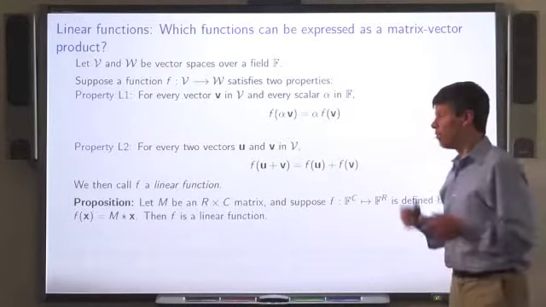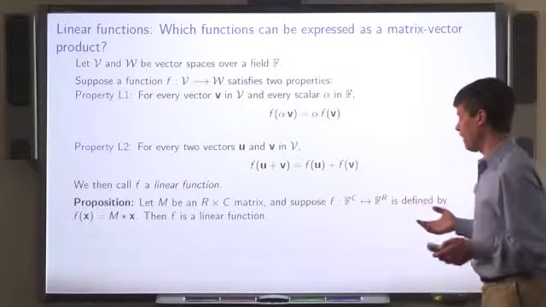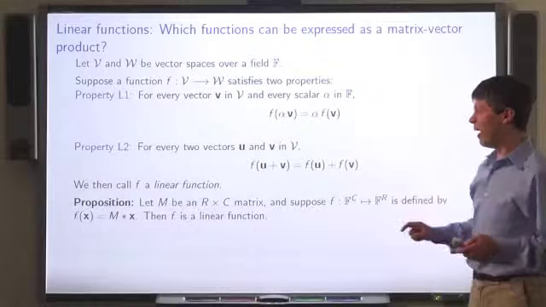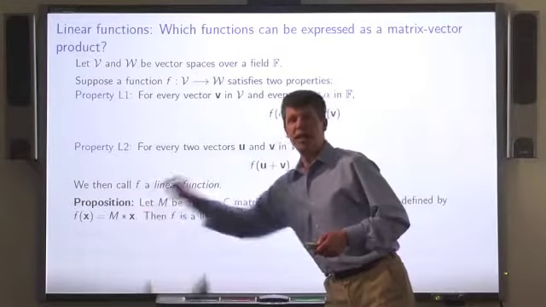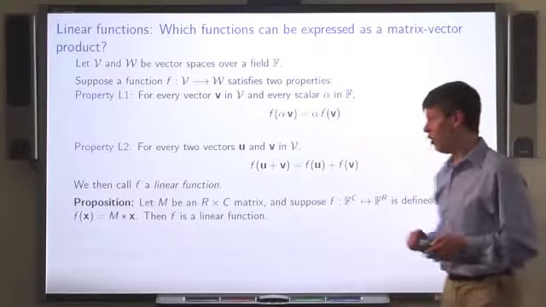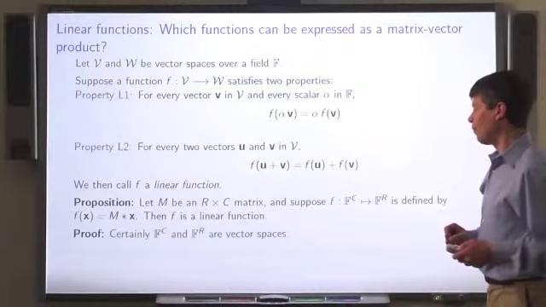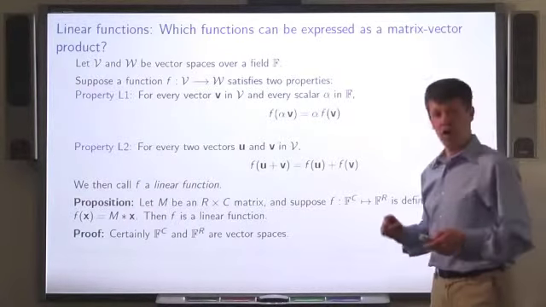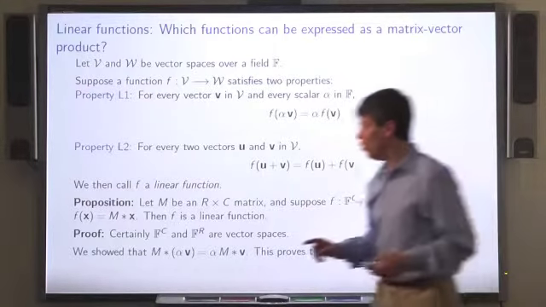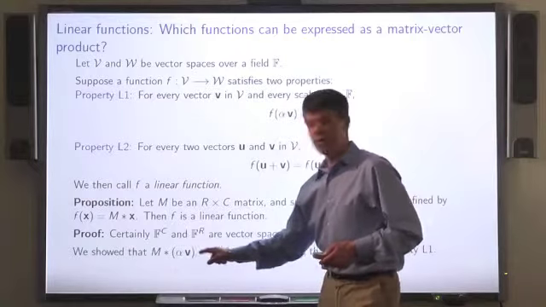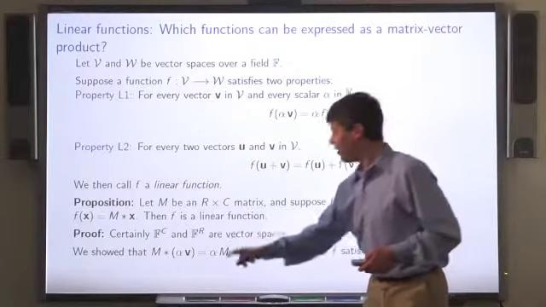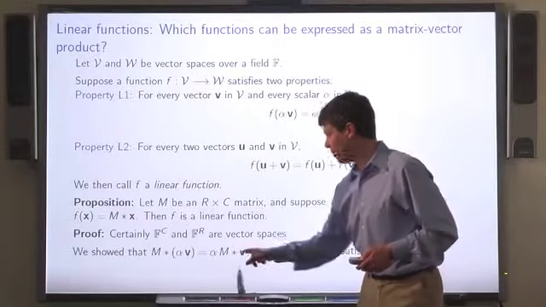Now, suppose we have an R by C matrix M, and suppose the function f is defined by multiplication by M. Then f is a linear function. How do we know? Well, the domain and codomain are vector spaces. We earlier showed that M times the scalar-vector product alpha v equals alpha times the matrix-vector product M times v.